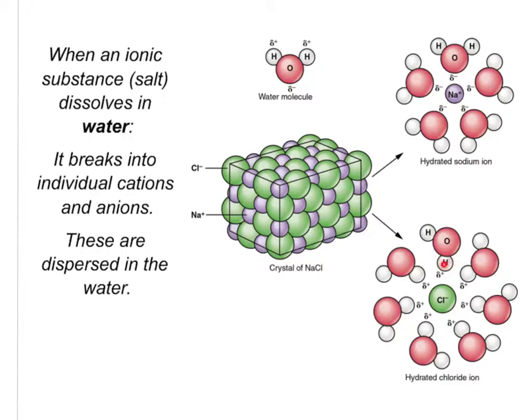We have water where the hydrogen atom within the water molecule is slightly positive. The oxygen atom is slightly negative. So the water molecules will arrange themselves around the chloride ions in this way, where the hydrogens are facing the chloride ion, and the oxygens will be facing the sodium ion, because that oxygen is slightly negative in charge and the sodium ion is a positive charge.